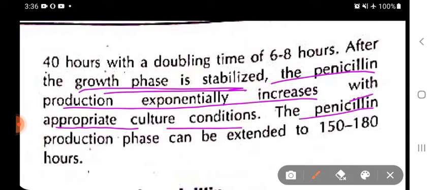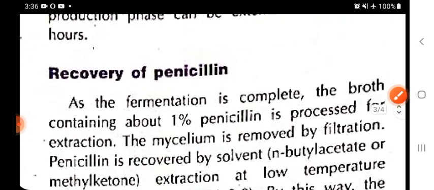Well, you can recover the penicillin during your 150 to 180 hours. For more penicillin production, you can increase your time in fermentation for up to 180 hours, then you can recover your penicillin.